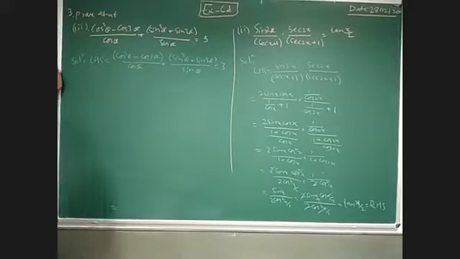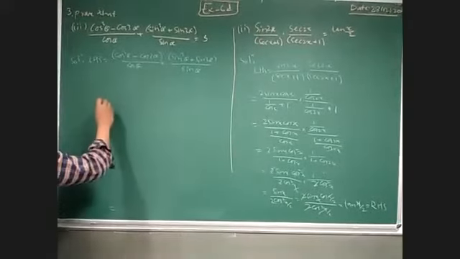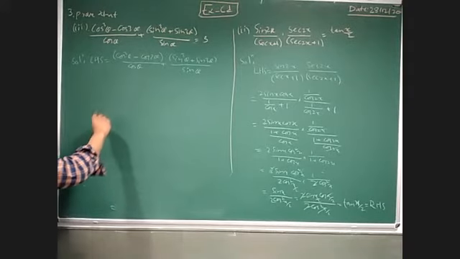Okay, this is given in the left hand side. We have to prove this quantity is nothing but 3. Now I know the formula of sin 3 theta and cos 3 theta.